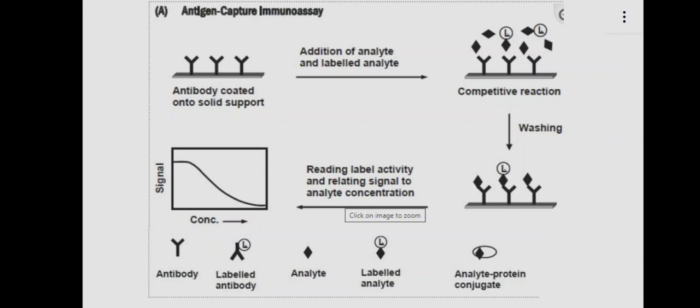In this case we had more of the sample, the unlabeled, which was more concentrated, so a higher proportion of it will be bound to the bound antibodies. This is followed by assessing the activity of the enzyme.